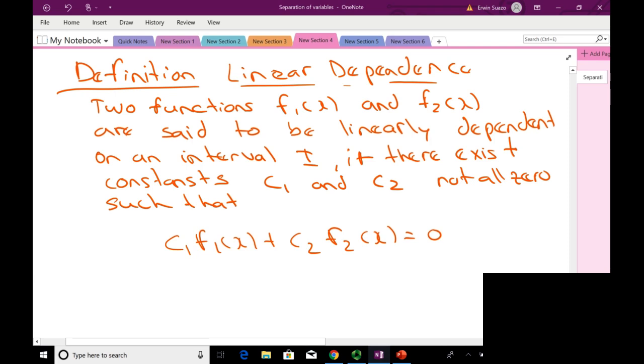Okay, so you can find C1 and C2 such that the sum of the two functions is gonna give you 0.